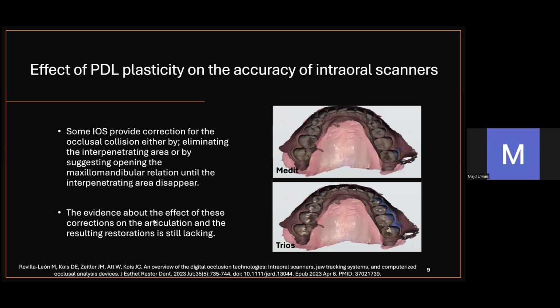However, the evidence about the effect of these corrections on the articulation and the resulting restorations is still lacking. In the review, they considered this part to be a huge knowledge gap that needs to be studied.